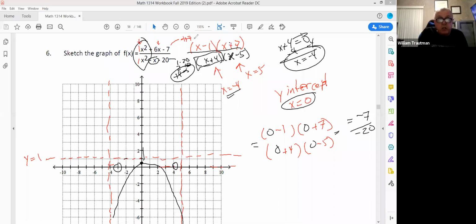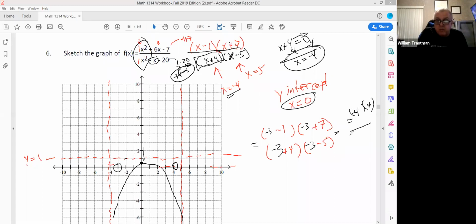So if I go back here and put -3 in there: -3 minus 1 is -4. And -3 plus 7 is +4.